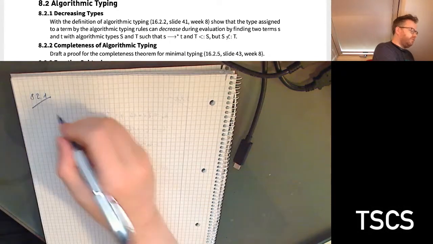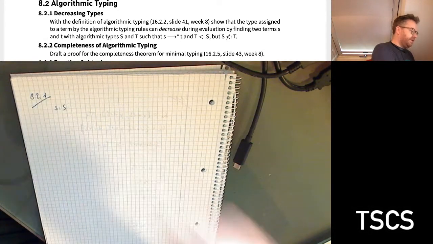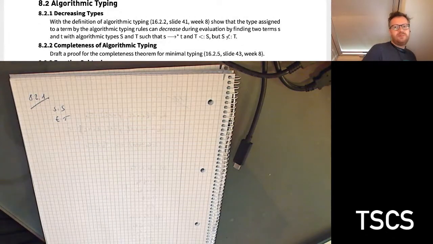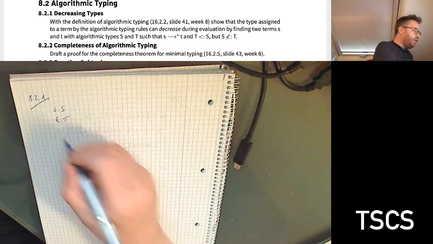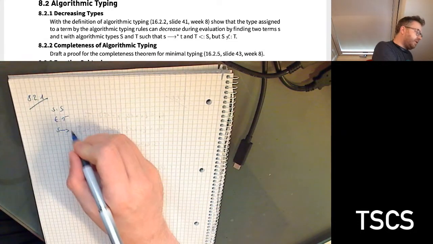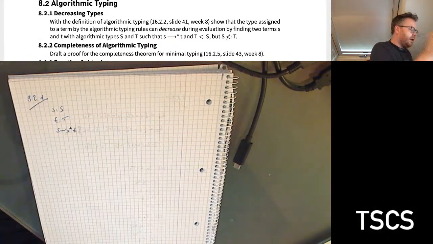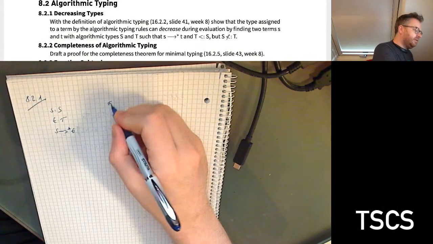We have S, which is of type big S, and we have T, which is of type big T. And we already know that S evaluates eventually to T. And what should we find?